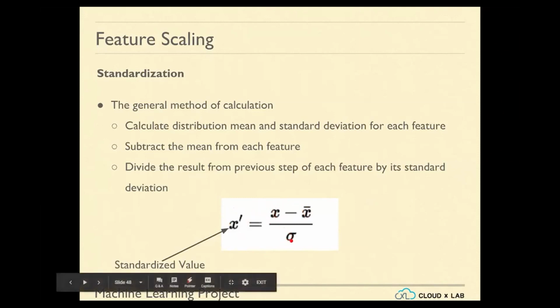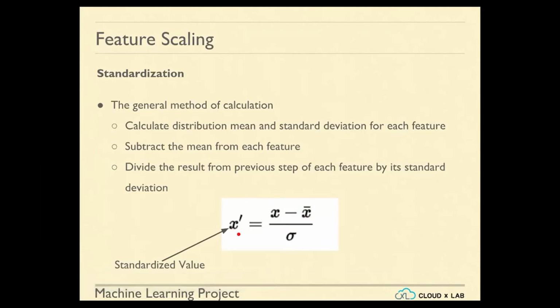The chances are that the mean is also high, and the standard deviation is also high. Therefore, first this will bring it down, and then this will bring it down. So this x dash is going to be mostly between say -3 to 3. Within that, I think almost all the values are covered.